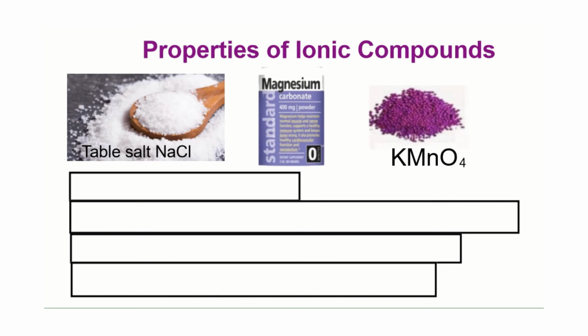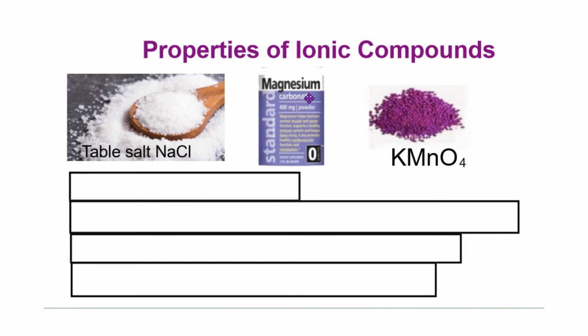Then finally, I want to look at some properties of ionic compounds, but I just want to look at 3 examples. So for example, we have table salt, we have magnesium carbonate. When we have a polyatomic ion like the carbonate, which has a negative charge, and it is bonding with a metal, then we get an ionic bond.